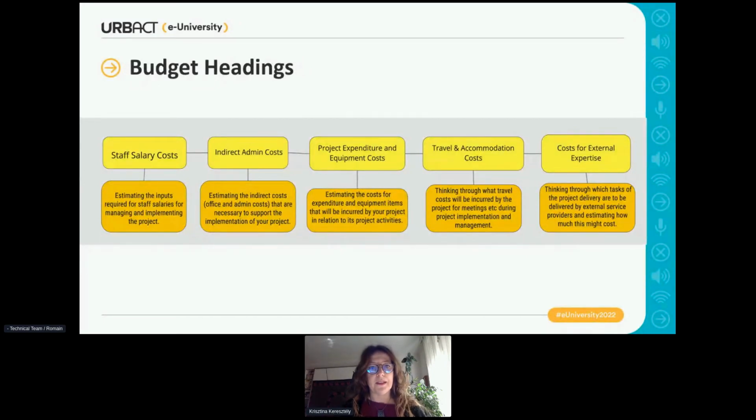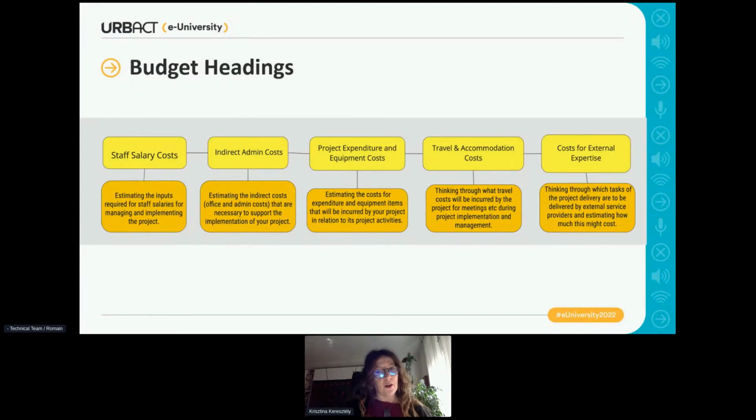Thirdly, project expenditure and equipment costs. So these are all the costs that are linked to equipment and incurred by your project in relation to all of the project activities. The important thing is to be really sure that all these are justified in your project activities. The same for the travel and accommodation costs.